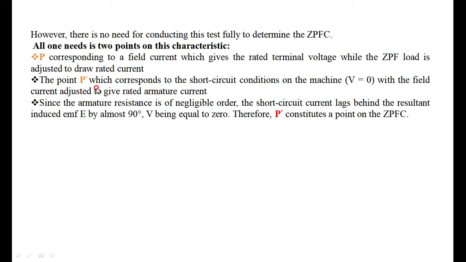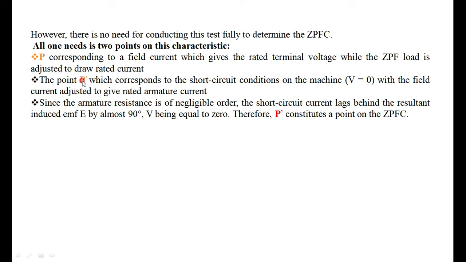The other point on the ZPF curve is the point P dash, which corresponds to the short circuit condition on the machine with the field current adjusted to give the rated armature current. It is nothing but your short circuit characteristics. That is, you have to note down the field current required to circulate the rated current under short circuit condition.